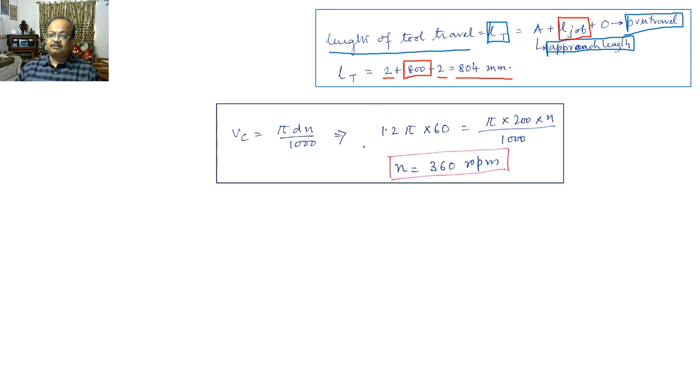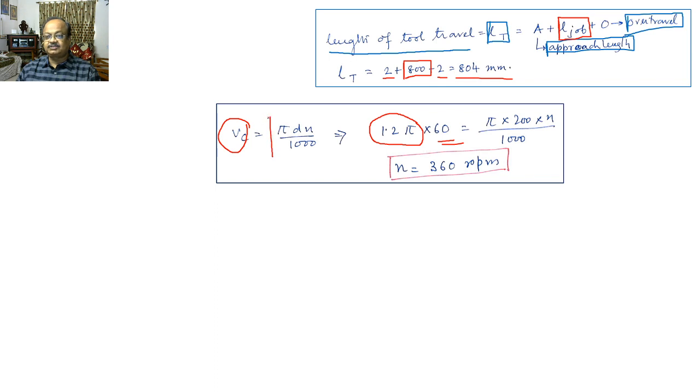Now let us find out the rotational speed of the job, because we need it for finding out the feed rate. Feed rate was not given, feed was given. This is the cutting speed, and if you recall, it was 1.5 pi meter per second. If you multiply that by 60, it becomes meter per minute.